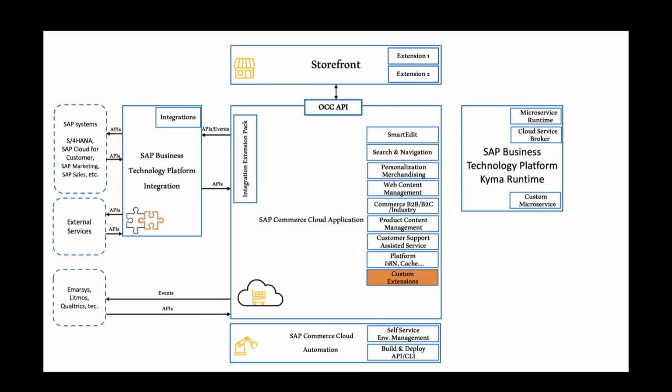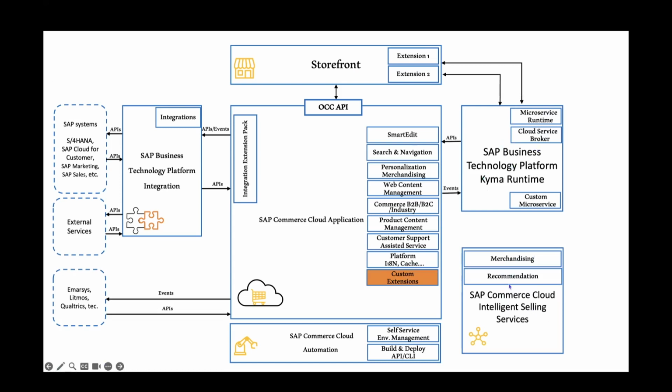I can connect with Hybris or SAP Commerce Cloud using the microservice, and instead of creating a custom extension, I can directly connect it with my Schema runtime. There are some configurations for that. There is another extension already available in SAP Commerce Cloud, through which, with some configuration, I can connect to the Schema runtime. Also, as these are microservices, they can be connected directly to the storefront as well.